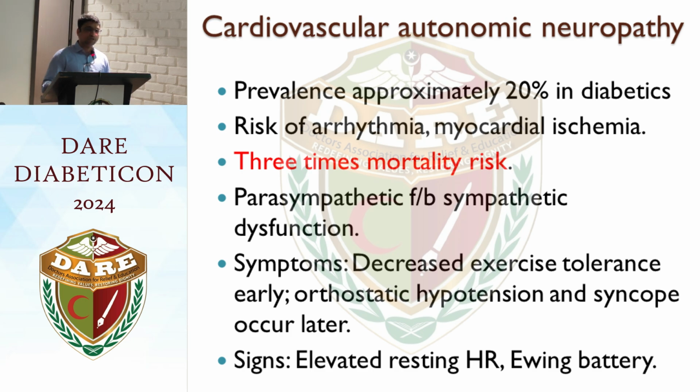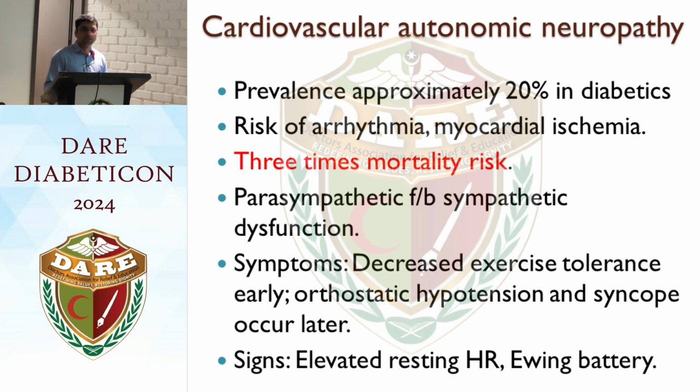The parasympathetic ones are heart rate variation to standing, Valsalva maneuver, and deep breathing. The sympathetic parameters are blood pressure fluctuations with respect to standing and hand grip. So clinically we should diagnose based on this battery.